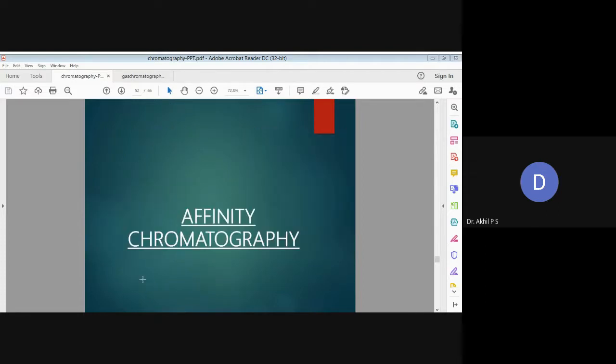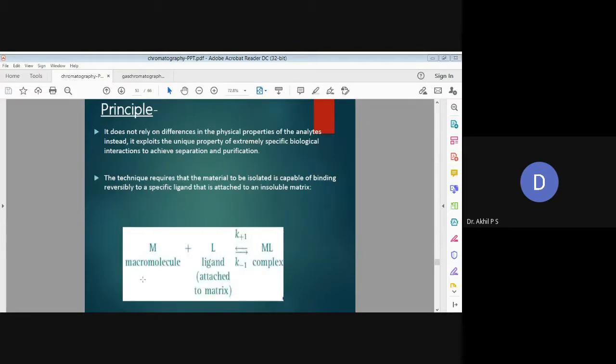Next, affinity chromatography principle. It does not rely on differences in the physical properties of the analytes. Instead, it exploits the unique property of extremely specific biological interaction to achieve separation and purification. This technique requires that the material to be isolated is capable of binding reversibly to a specific ligand that is attached to an insoluble matrix.